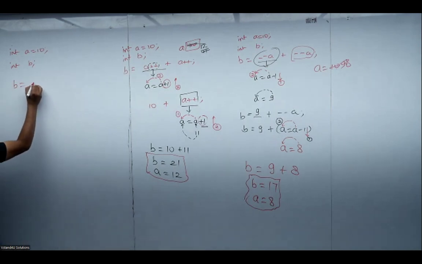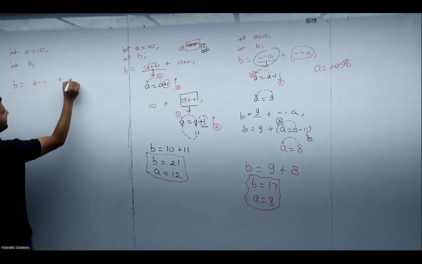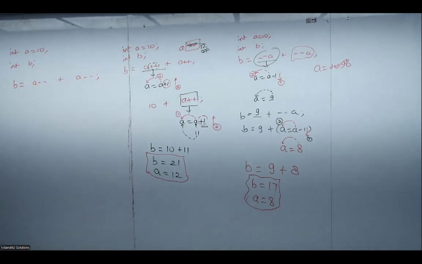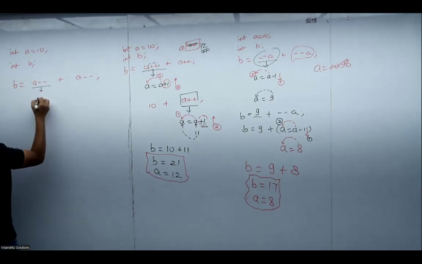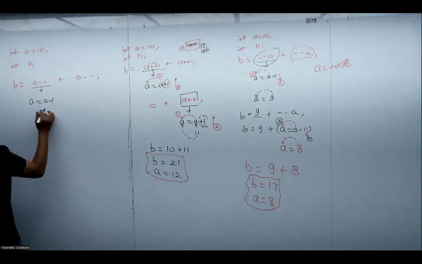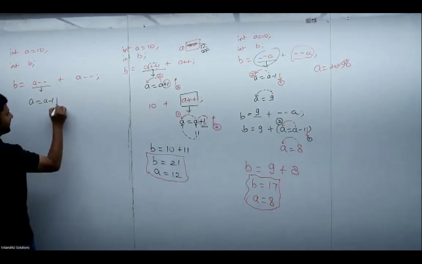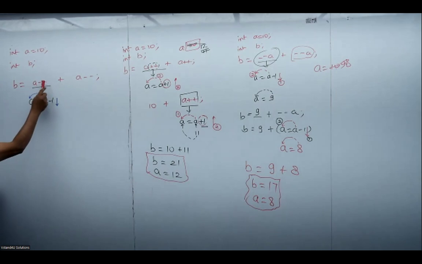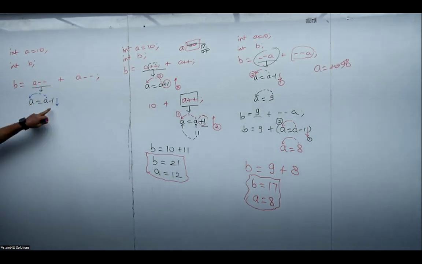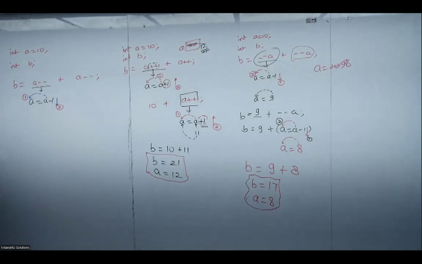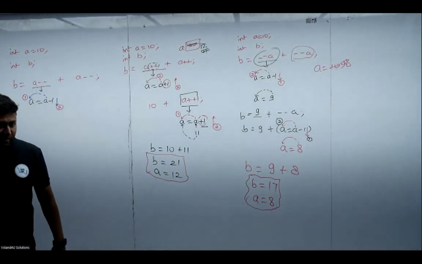b is equal to a-- plus a--. Focus now. First part we'll start equating. That becomes a equal to a minus 1. Now if you see, multiple operations are happening. One operation is the decrementation, another operation is the assignment. Pre or post? Post. Post means first assign the value, then modify.